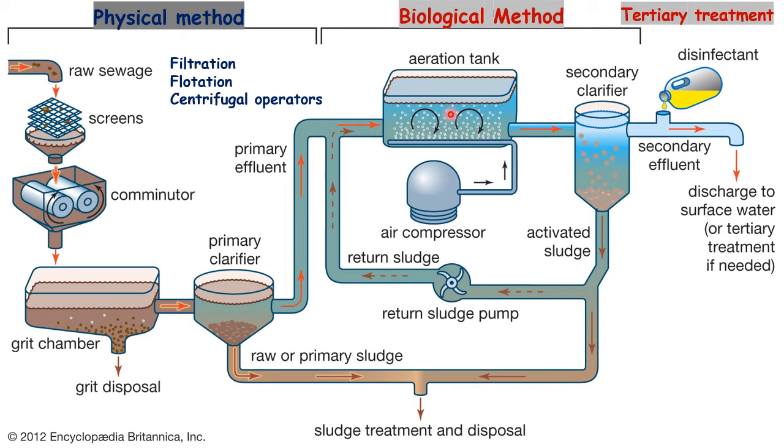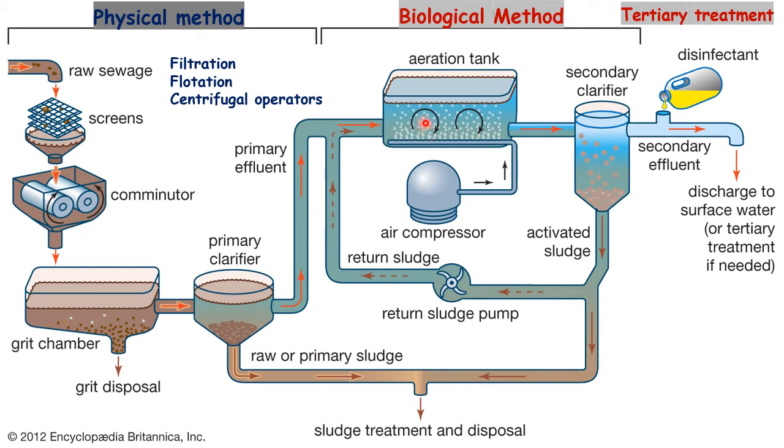Once the water passes through the aeration tank, it will be sent to the secondary clarifier. Here the water will be allowed to settle, because the microorganisms' population would have increased as we have enhanced the oxygen concentration.